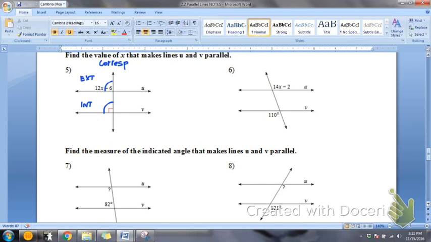Thank you, Belinda. We're going to set them equal to each other. 12x minus 6 equals 90, because remember, we talked about how that little red box means 90 degrees. So on these problems, we're just finding x. We don't have to plug back in. We're just finding x.